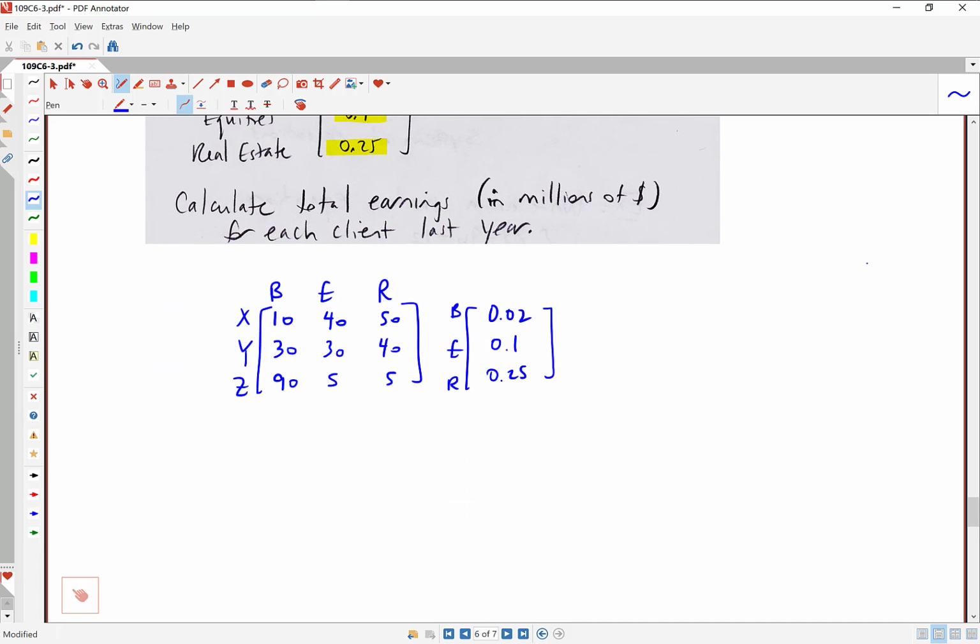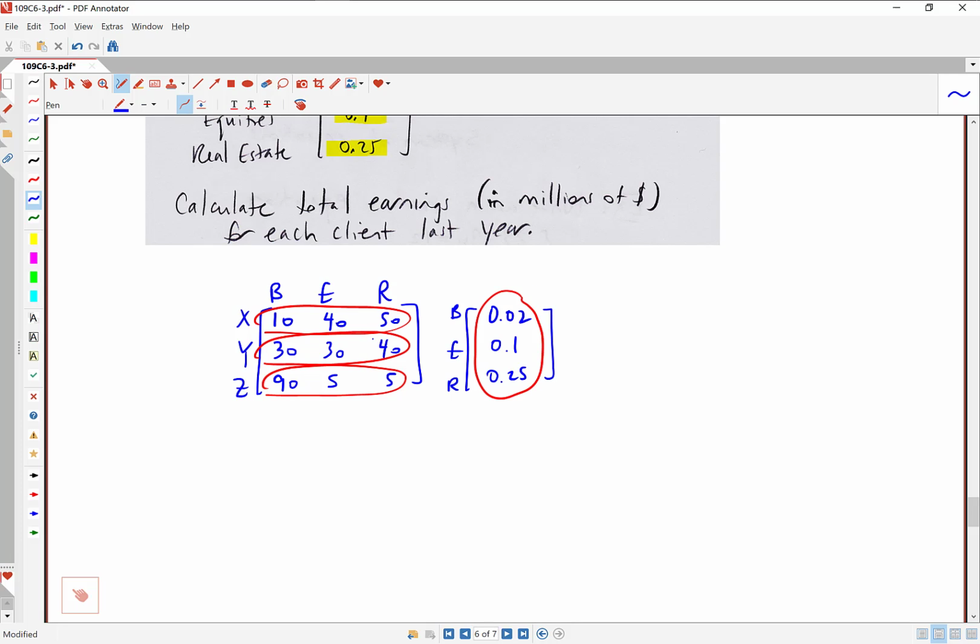Okay, so what we're going to do here is do a matrix multiplication. I'm going to circle the rows of the first matrix and columns of the second matrix. And if we think about sizes, we're taking a 3 by 3 times a 3 by 1. So at the end of the day, what we're going to have is a 3 by 1. Now what's interesting here is the categories.